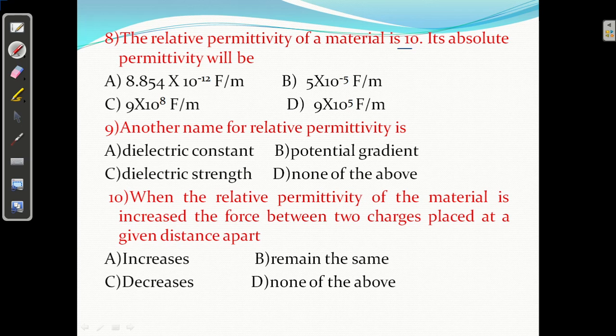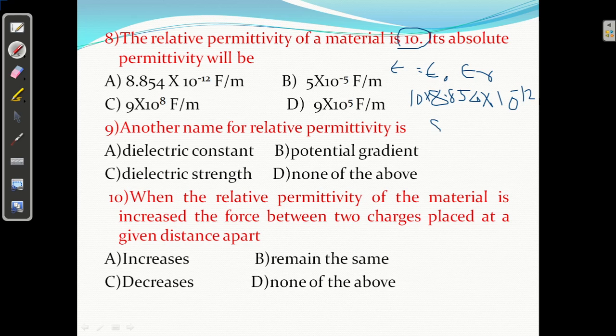Relative permittivity is 10, epsilon R is 10, and absolute permittivity epsilon equals epsilon 0 into epsilon R. So epsilon 0 is 8.854 into 10 raised to power minus 12, into epsilon R, which is 10.